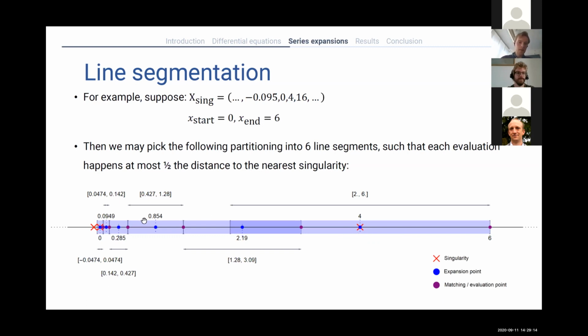And then by picking your expansion points in a nice way, those are the blue dots, you can always do it in such a way that the matching between neighboring line segments is done so that the distance to the nearest singularity for the respective segments is 1/2. The only exception is once you get close to a singularity, you usually have some overlap in the radius of convergence, so you can choose to match anywhere here.